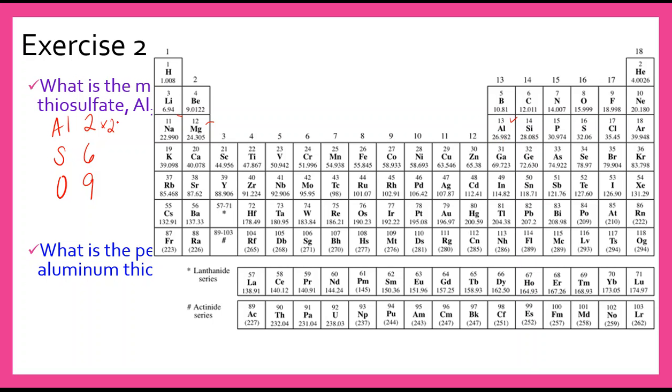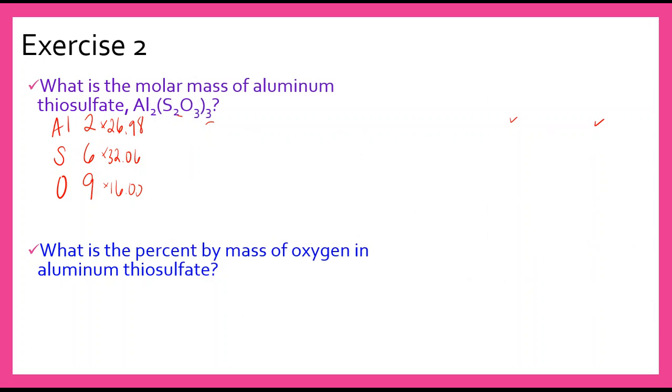26.98. Sulfur, 32.06. And oxygen's easy because that's always going to be 16. Once I look those up on the periodic table, now I can finish my calculation.